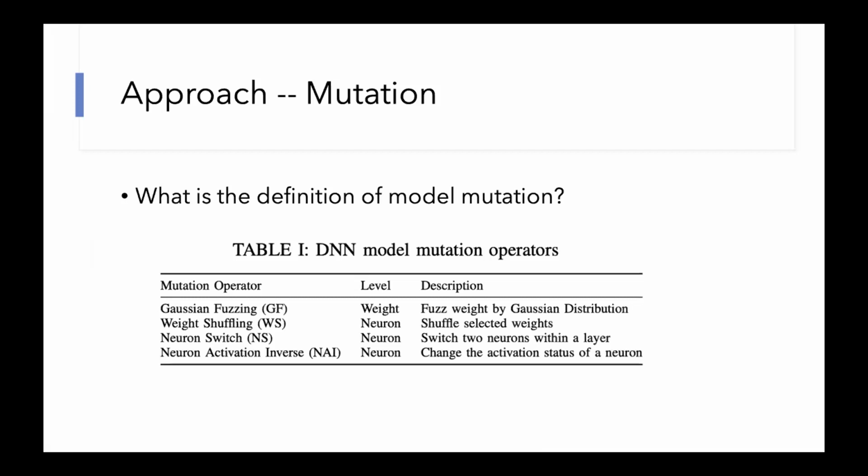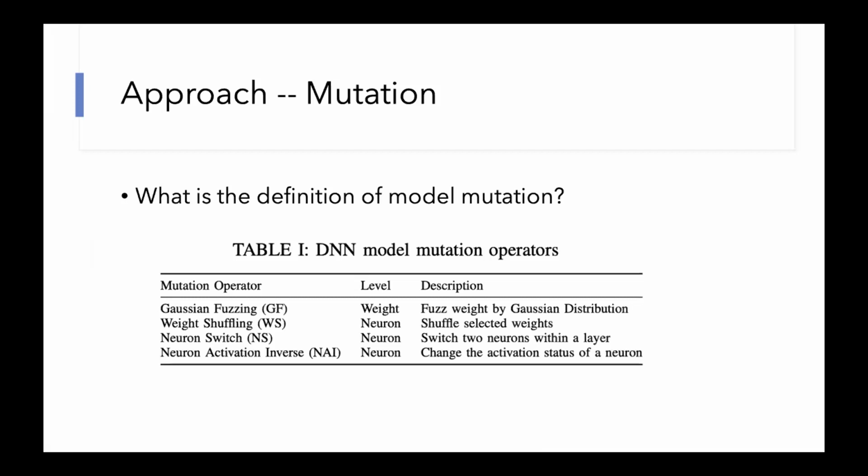So they choose a parameter there. It's a hyperparameter. And shuffling the selected weights means randomly switching the selected neurons.